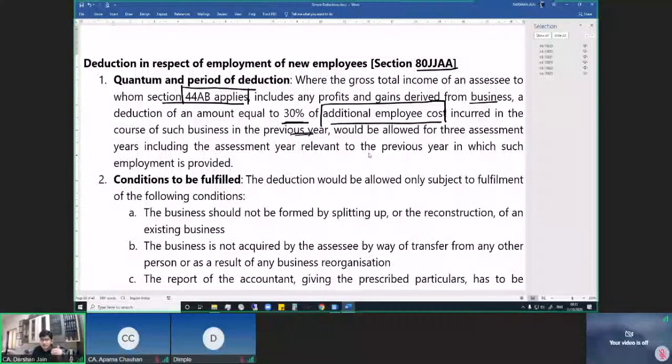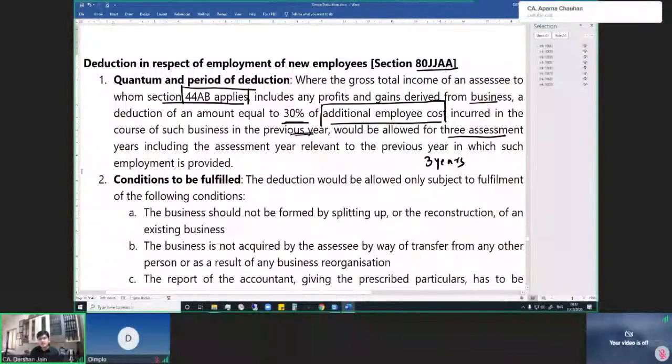And not only for the year in which the additional employment is generated, it is for the next 3 assessment years, including the assessment year relevant to the previous year in which such employment is provided. So you can claim deduction for 3 years for the new employment that you have generated and the additional cost that you have to incur because of the new employment generation.